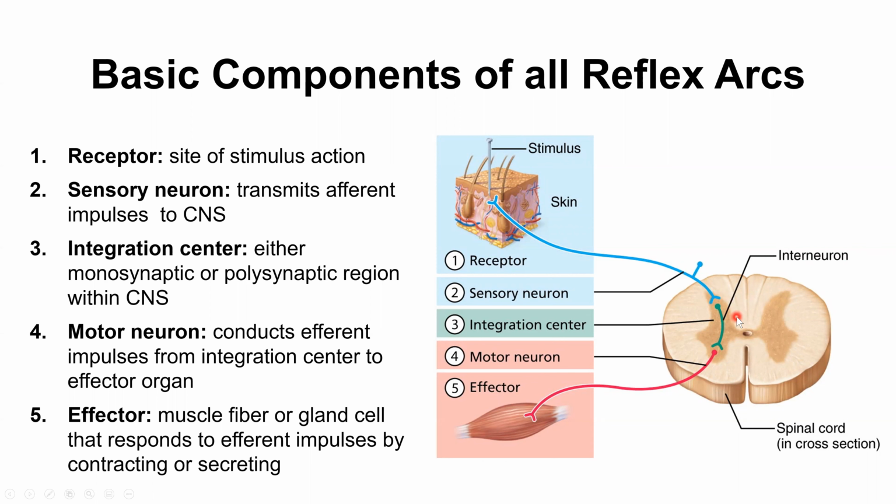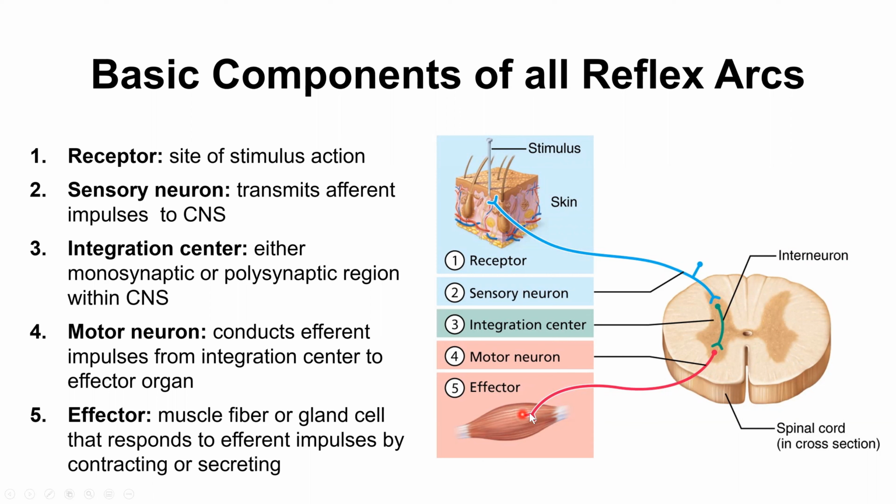In this particular example, this is an integration center that is in the spinal cord. And this example is also going to be polysynaptic because there are 2 synapses occurring within the spinal cord. The first synapse we see is occurring here between the sensory neuron and this interneuron. And then the second synapse is occurring here between the interneuron and the motor neuron. The motor neuron is the 4th component of our reflex arc that's going to conduct efferent impulses from the integration center to the effector organ.